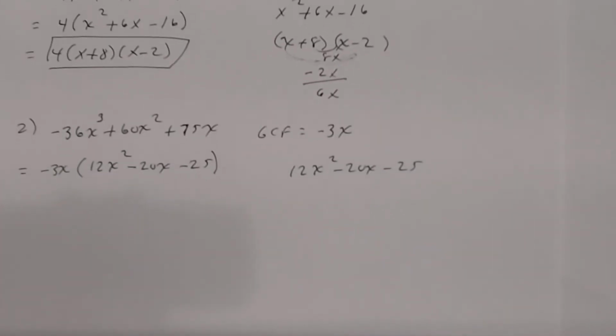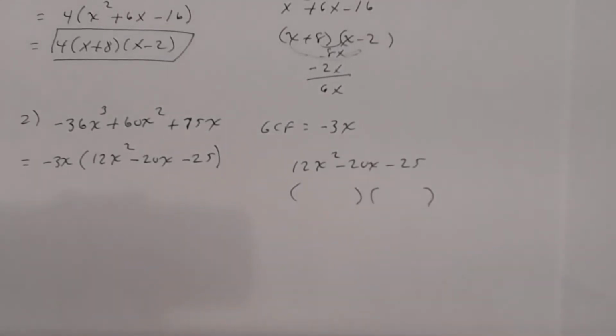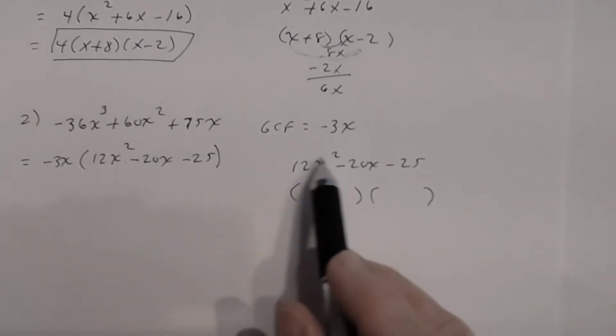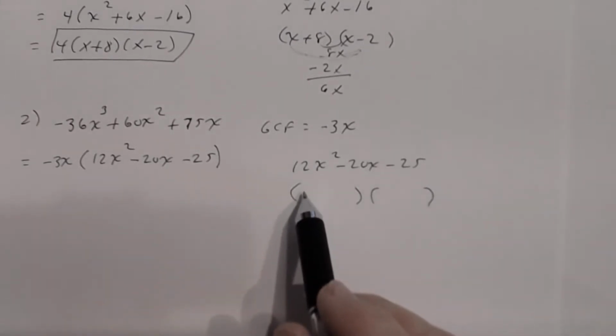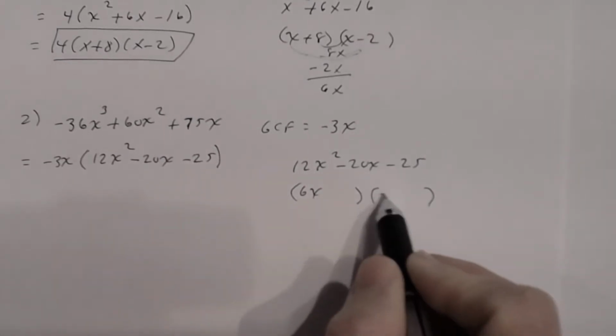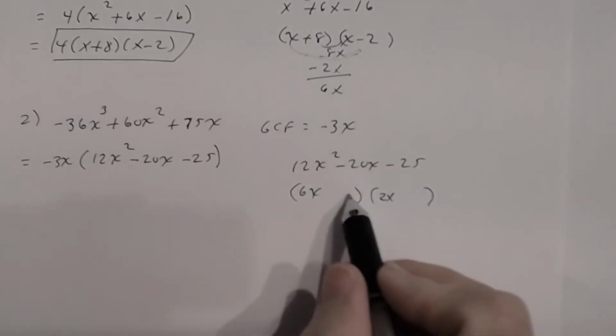All right, and then I'm going to go ahead and see if I can factor this as 2 binomials. I'm going to go ahead and use trial and error. And so for 12x squared, there are several possibilities. Let's go ahead and use 6 and 2. So 6x and 2x. And then for 25, let's go ahead and use 5 and 5.